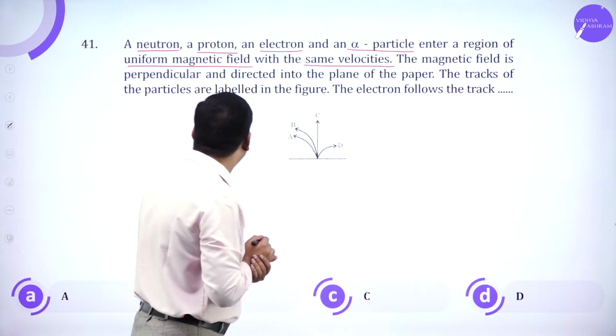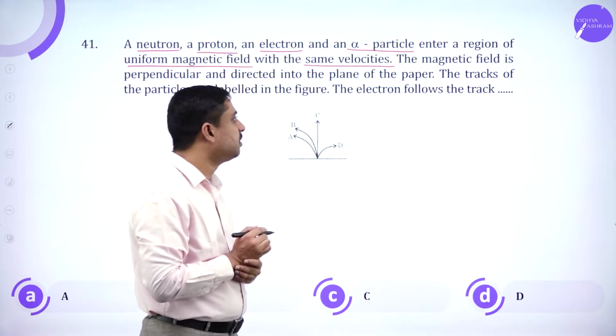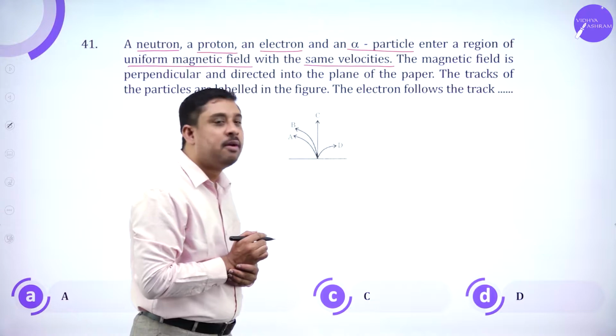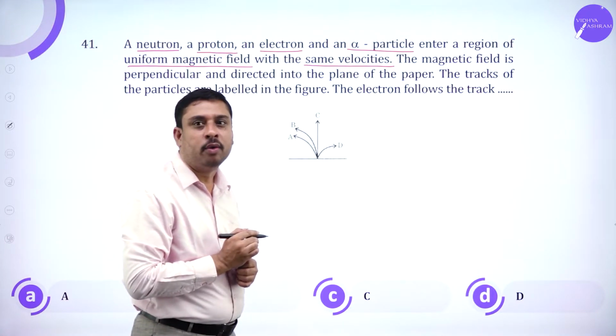The tracks of the particles are labeled in the figure. Then which path will an electron follow?